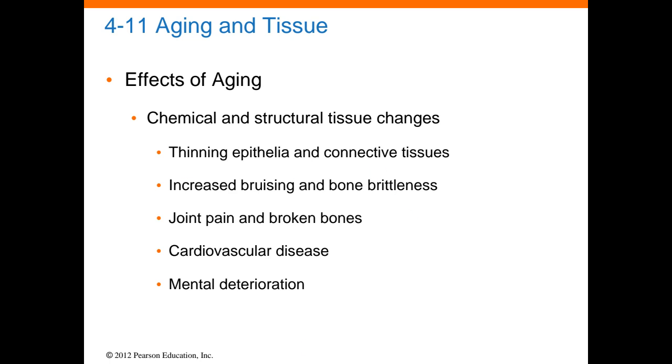With mental deterioration, that's based on a nervous tissue. So a nervous tissue will basically get damaged, okay? A nervous tissue will function less efficiently, and so signals sometimes will misfire.